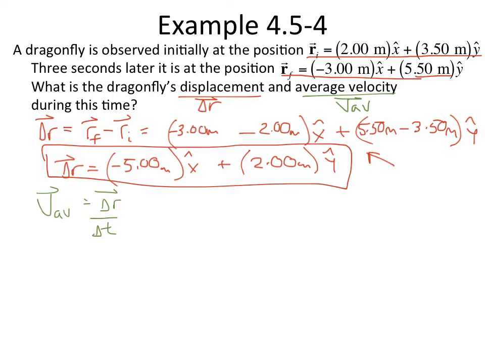Let's go back and look at our problem. How much time does this change in displacement take? It takes 3 seconds. 3 seconds later, it's at a different position. So let's write out our delta r in unit vector notation in the numerator. That is negative 5 meters x hat and 2.00 meters y hat.